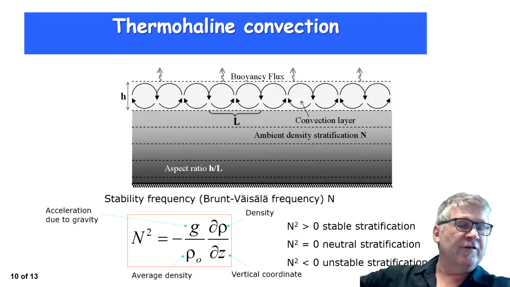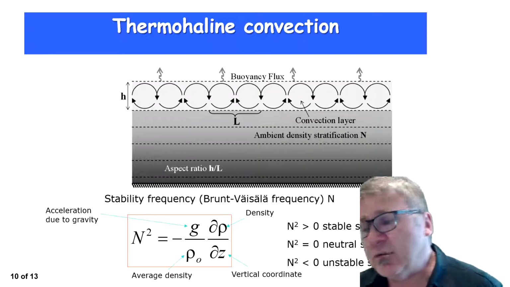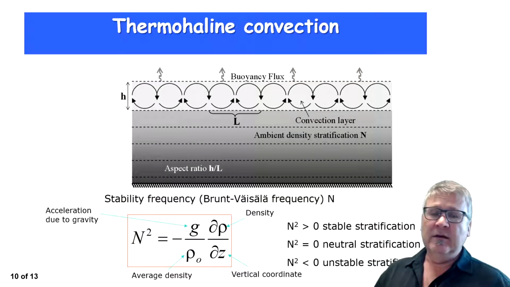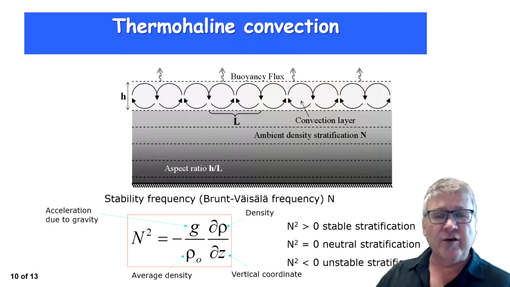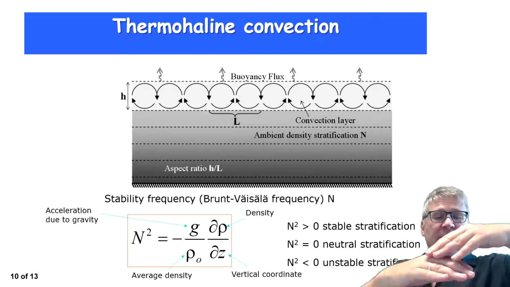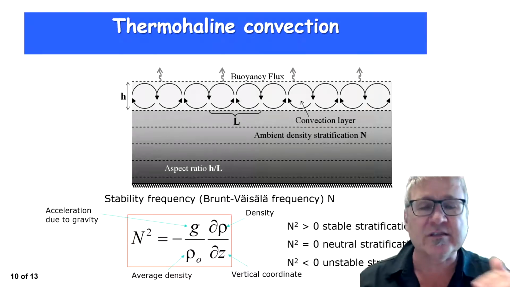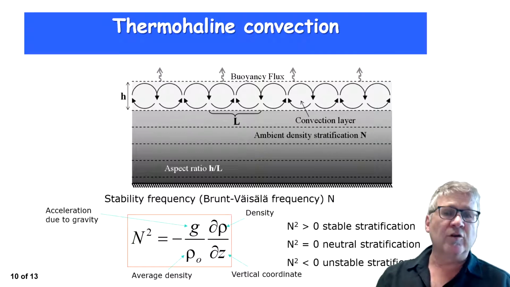Buoyancy flux refers to the density increase near the surface, and the typical feature of these convection cells is that they usually have a ratio of 1 between horizontal and vertical scale. So the depth they reach is the same as the horizontal distance between the convective elements.